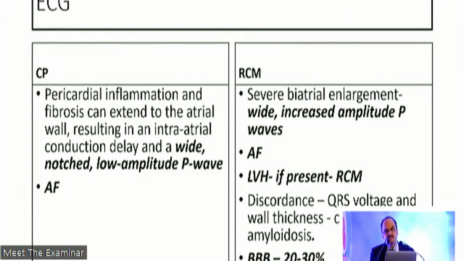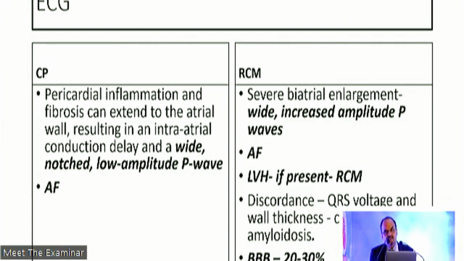So you have wide P waves, you have a notch in the P wave, and these are low amplitude P waves. On the other hand, restrictive cardiomyopathy is almost always associated with biatrial enlargement. The LA and RA both are enlarged.